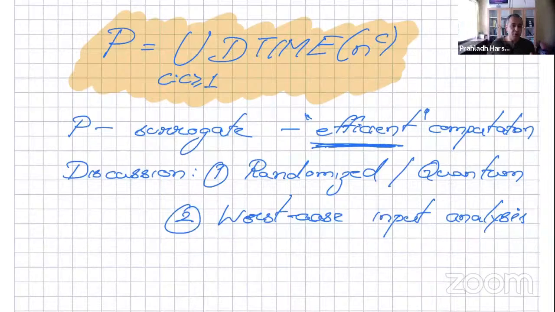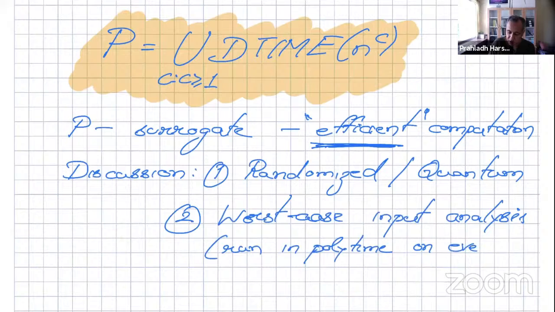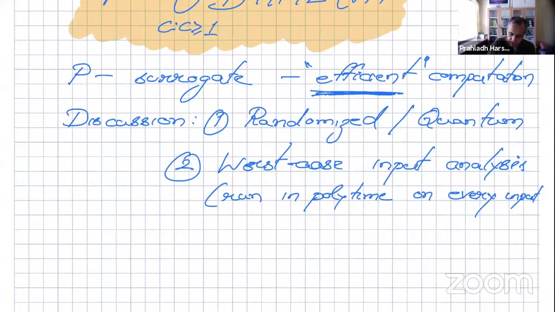P is a very strict notion of efficiency. It says we want it to run in poly time on every input, which is a very rigid constraint, whereas actually we only care about it running efficiently on the inputs we care about. And P does not capture this.